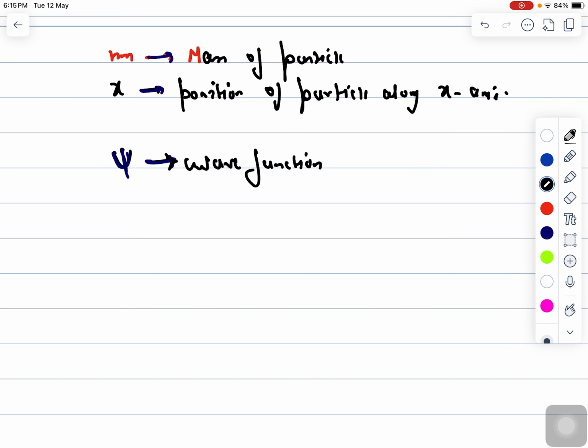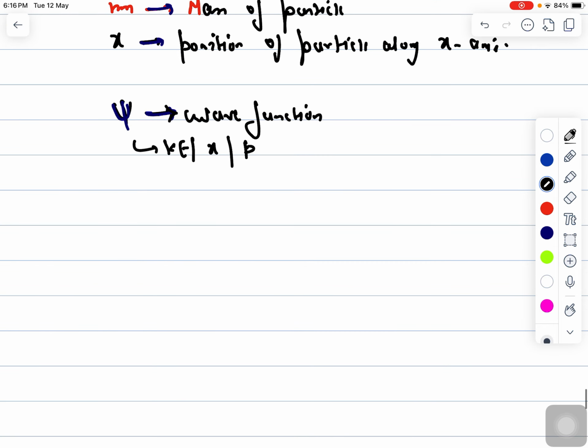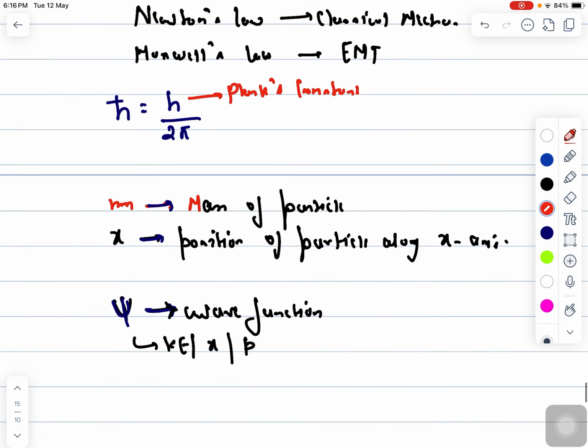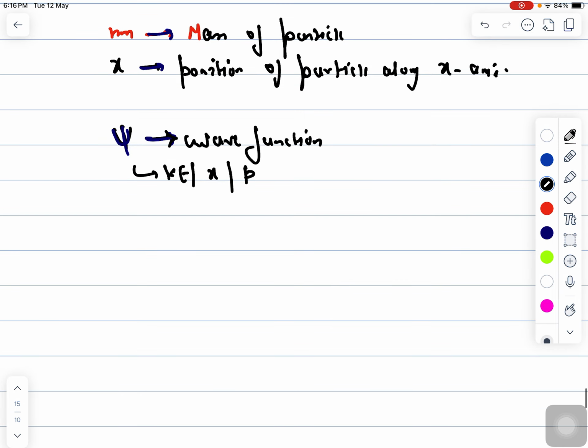The wave function basically contains all the information about the quantum mechanical system. Once the wave function is known, we can extract information like the kinetic energy, the position of the particle, or linear momentum, and so forth. So these are the parameters that are there in the Schrodinger equation.